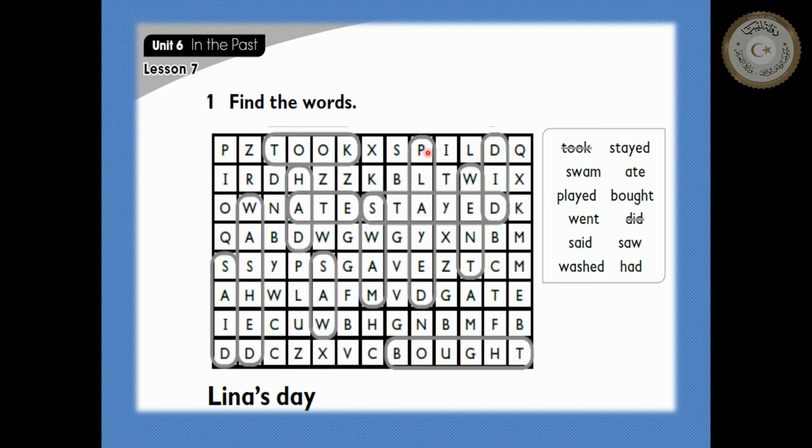What about played? Had, ate. All the verbs, we find them here. The last one, washed. So we have different verbs and we find them here.